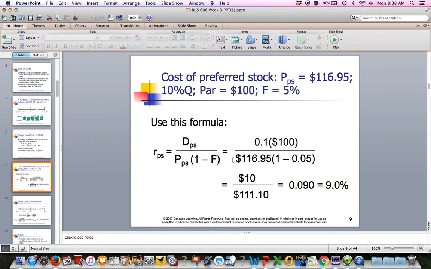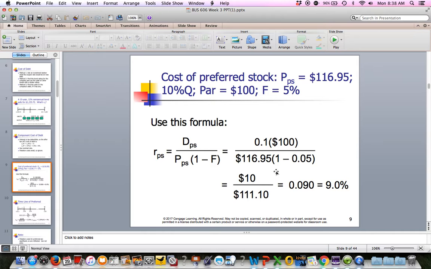Let's plug in the numbers here. 10% and par is 100. That's how you compute the dividend on a preferred stock. It's the rate times the par. 10% times 100, which is $10. I divide that by the price today. That's what the P sub PS is, the 116.95, multiplied by 1 minus the flotation cost.